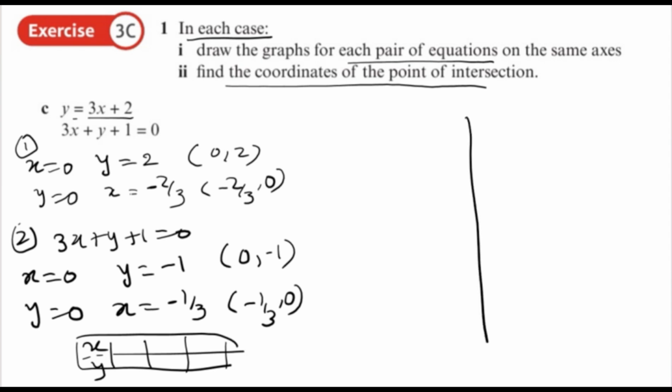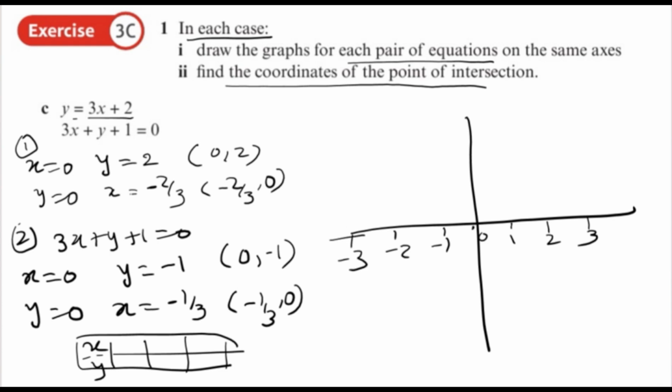So now sketch it. As you can see, this is 0, 1, 2, 3, minus 1, minus 2, minus 3. This is a rough sketch. Here minus 1, minus 2, minus 3, and here 1, 2 and 3.